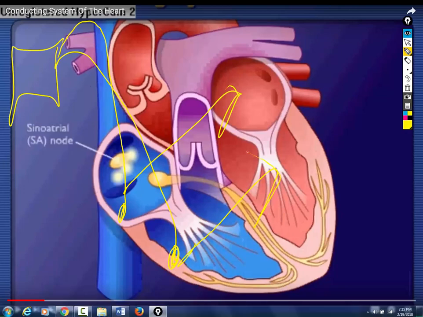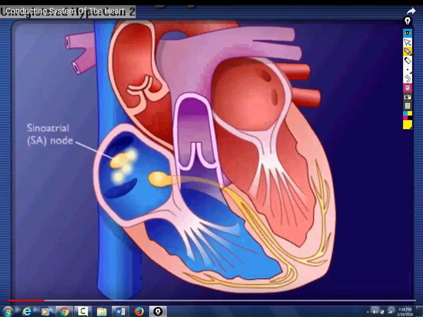So you don't need to pace the left side. You just need to pace the right atria and right ventricle. Say yeah. There's a condition called Twiddler syndrome where people will actually turn the pacemaker underneath their skin, pull out the pacer wires, and then they'll start getting dizzy or lightheaded. They're not sure why.